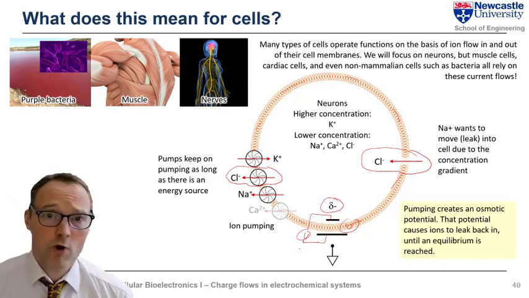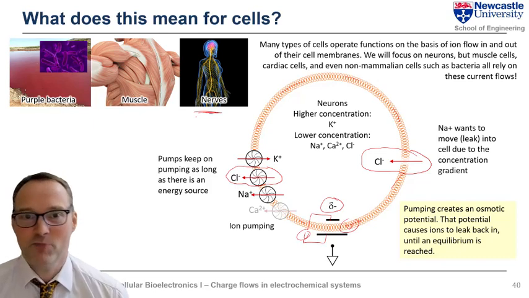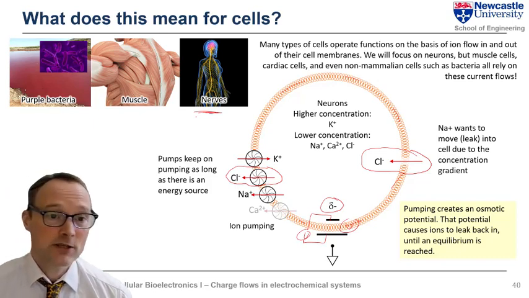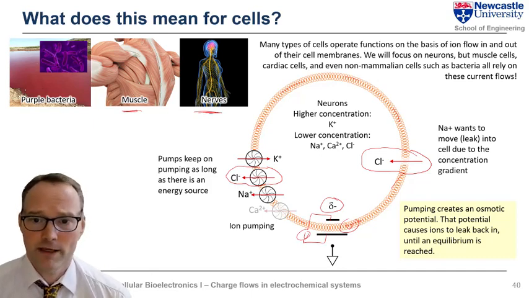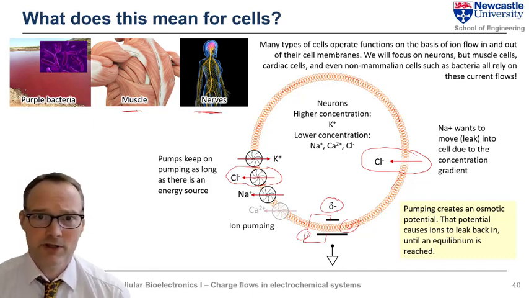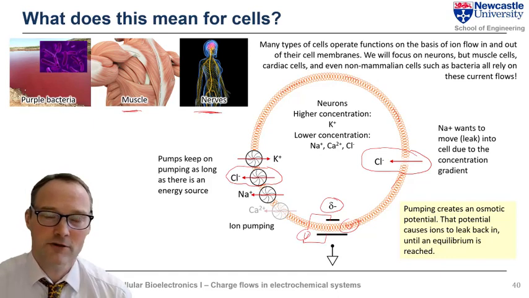And where is this important? Well, on this course I'm going to have a big focus on especially the nervous system. It's my personal interest, but this is really important for your muscles. If these movements of charges in and out of your muscles don't happen, your muscles don't work.